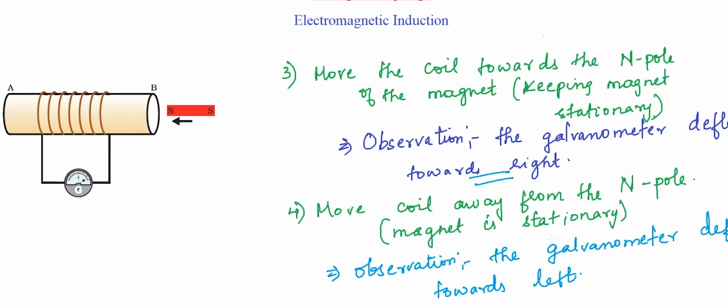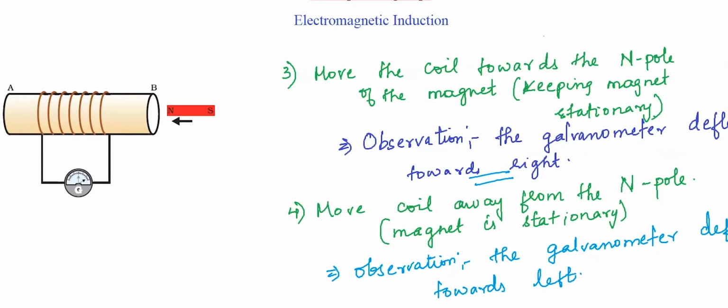In the first case, the deflection was towards the right, so the current is flowing in one direction. In the second case, the deflection is towards the left, meaning the current is flowing in the opposite direction.